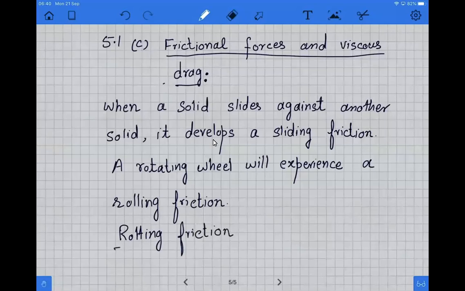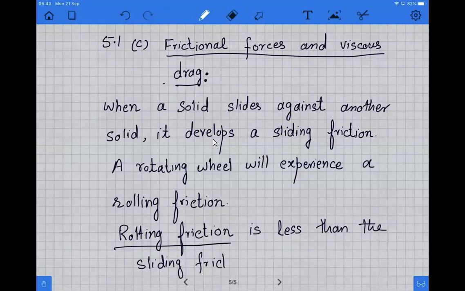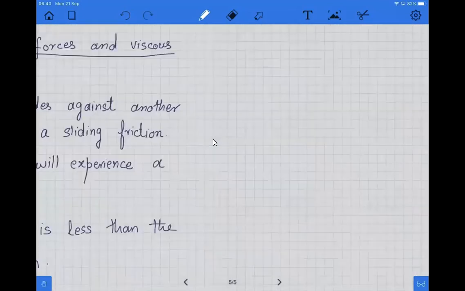If other conditions are controlled, then rolling friction is less than the sliding friction. Now here the important thing is on what factors the rolling friction and the sliding friction depend.